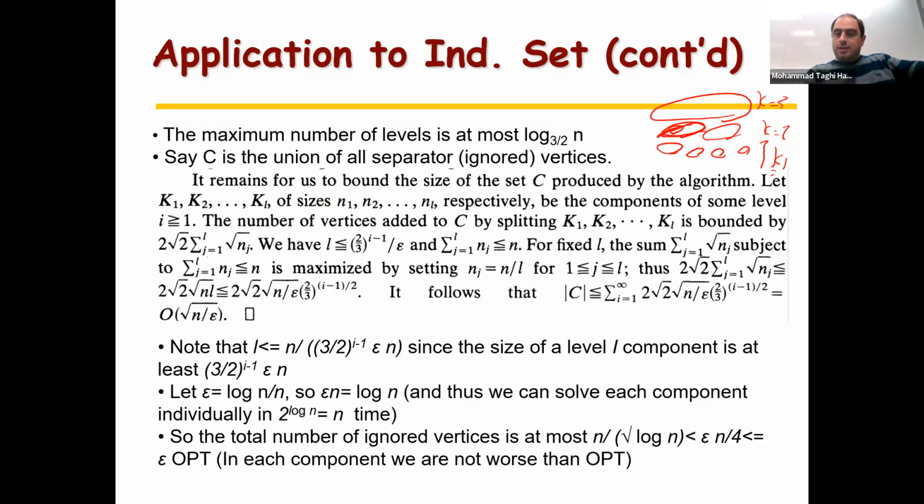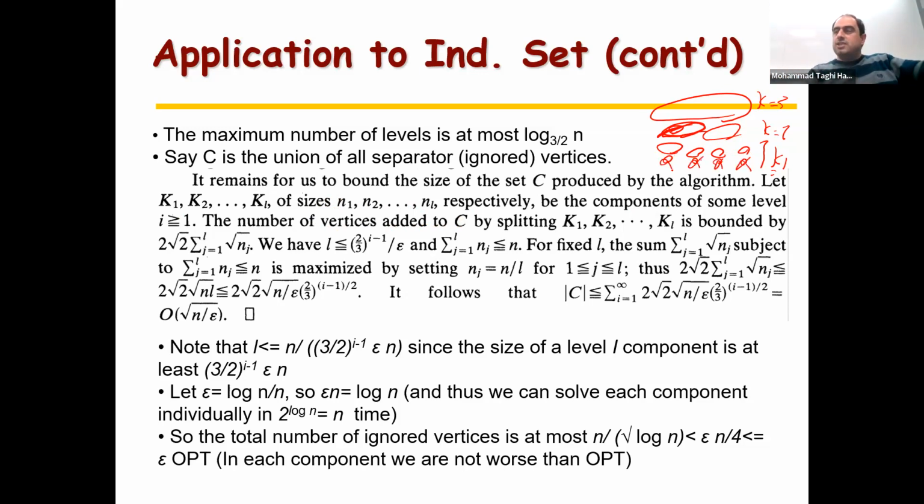So these are the components that we have. On each of these components, we are finding a separator. Here, just say the sum of the sizes of the components that we have at this level. And again, this is laminar. We know that the number of vertices added to C, so how much we are adding. In each of them, we are finding some small separators and then we discard them.